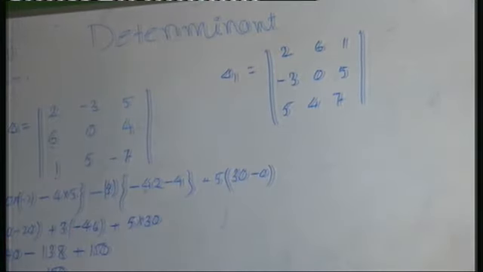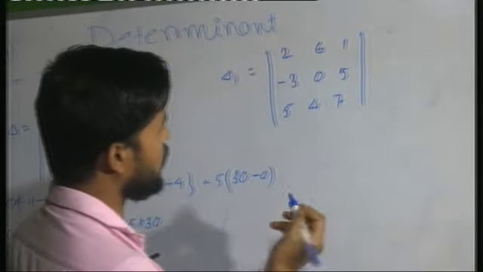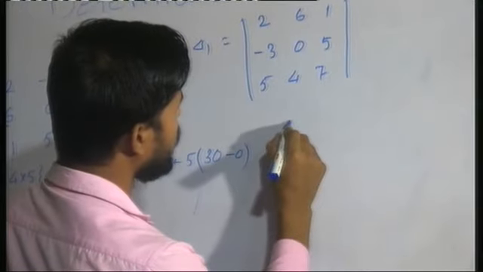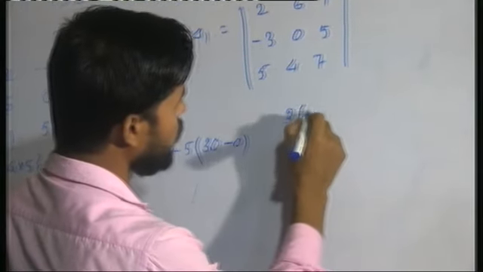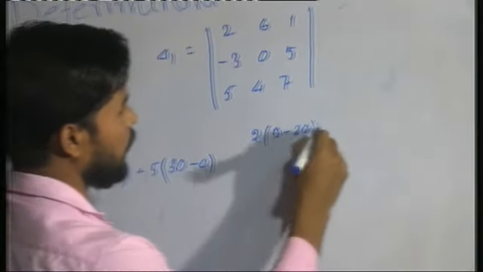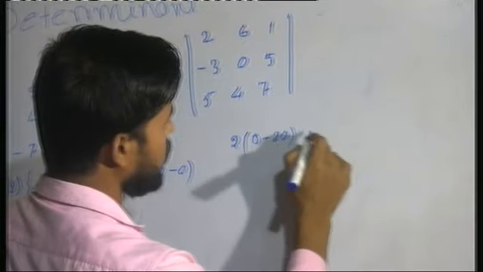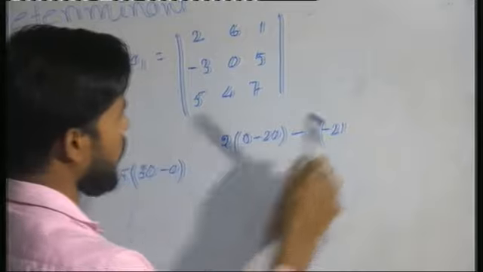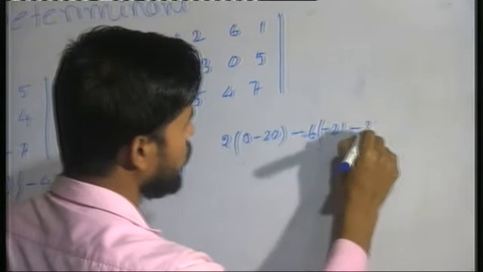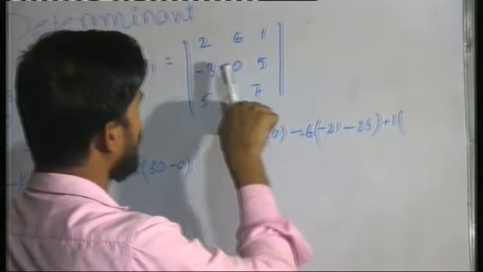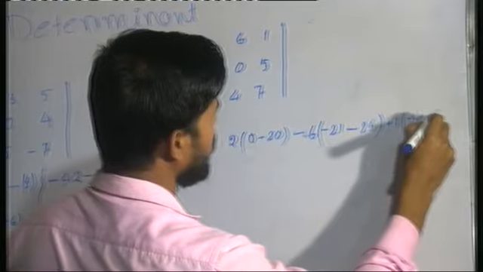If we expand the determinant again along the first row, it will be 2 into 7 into 0 is equal to 0, and 5 into 4 equal to minus 20, plus, sorry, the next sign is minus 6 into 3 into minus 7 is equal to minus 21, minus 5 5 is 25, plus 1 into 3 4 is minus 12 minus 0.